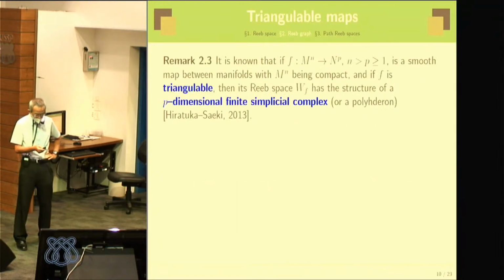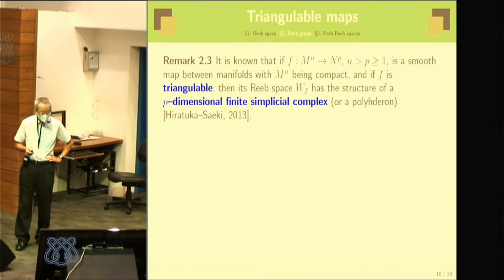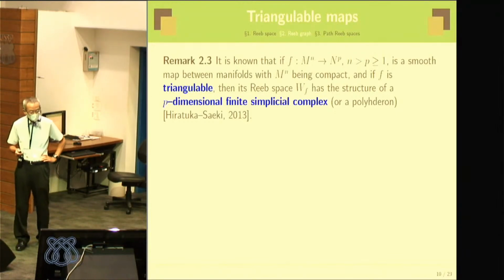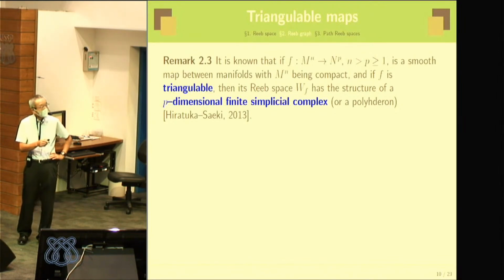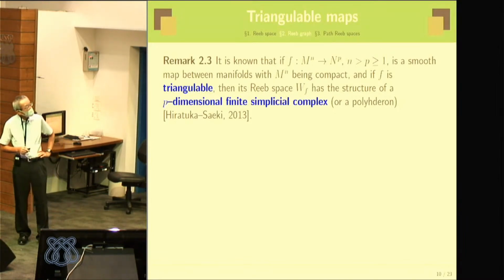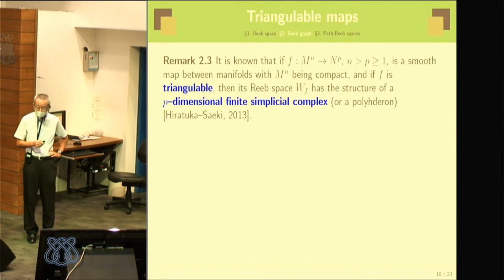Another aspect is if you have a triangulable map between manifolds. This means that you have a simplicial map between simplicial complexes which is topologically equivalent to it, and then the Reeb space has the structure of a finite simplicial complex.